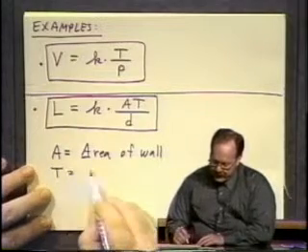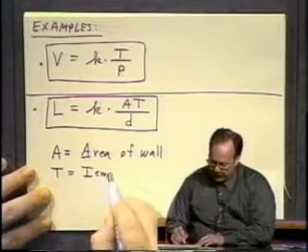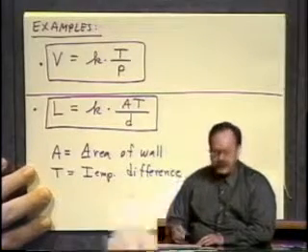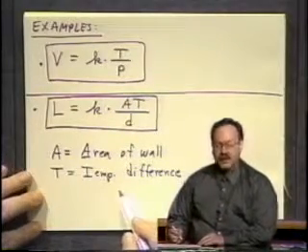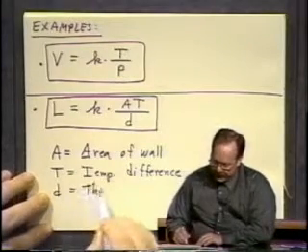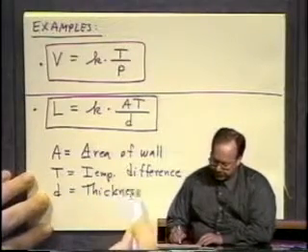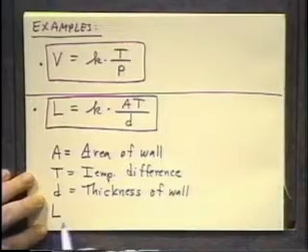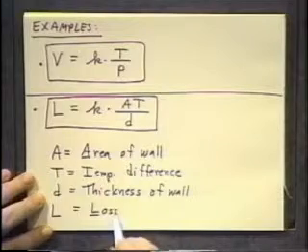T is equal to the temperature difference between the inside of the wall and the outside of the wall, like the inside of your house in winter and the outside of the house. d is the thickness of the wall, and L, what you're computing there, is the loss of heat.